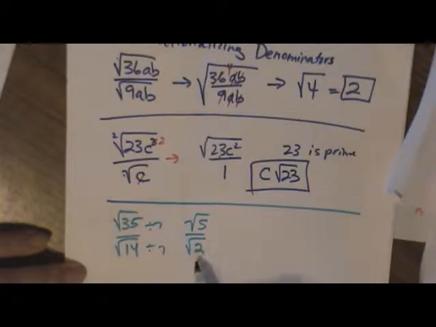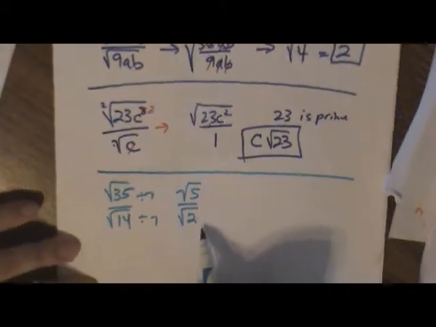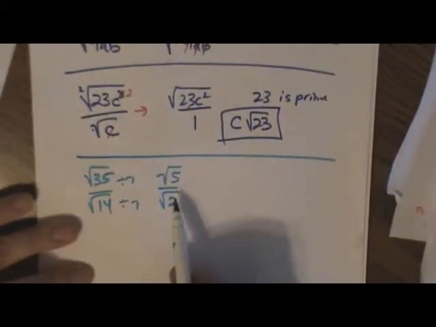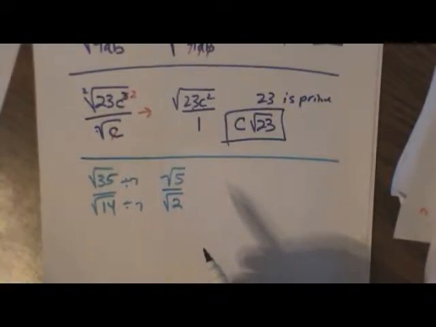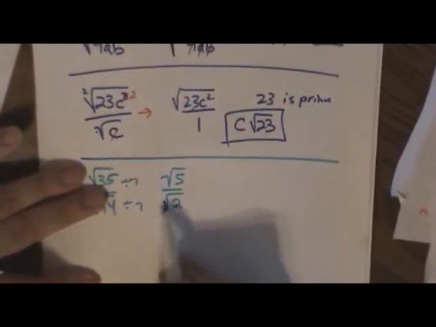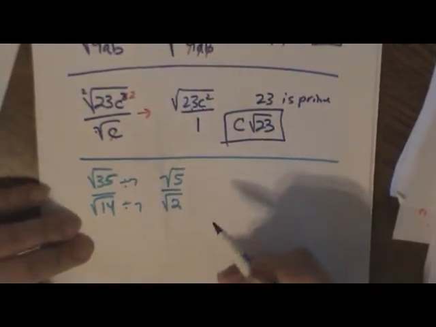Since this one we are going to have to rationalize, because we can't get rid of this on the bottom, and rationalizing means we get rid of the rational expression that's in the denominator.